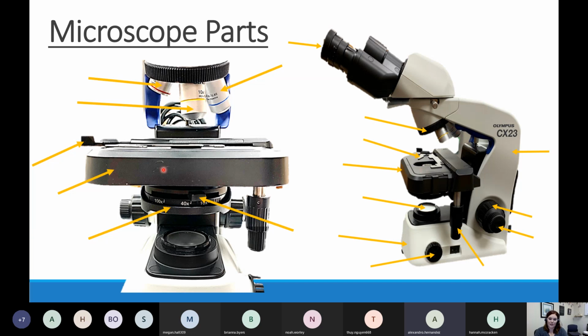On top of the mechanical stage, there's something I can see better over here in this picture, and this is called the stage clip. So the stage clip is where I clip my slide into place. Because when I am looking at a slide, I might need to move around left and right, forward and backwards on it.